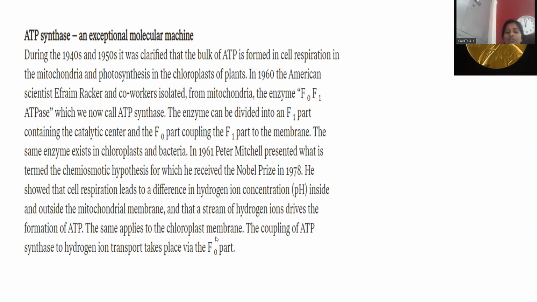The same applies to the chloroplast membrane again. The coupling of ATP synthase to the hydrogen ion transport takes place via the F0 part. This is the way ATP synthase is a key enzyme, an exceptional molecular machine, to synthesize this energy currency called ATP.